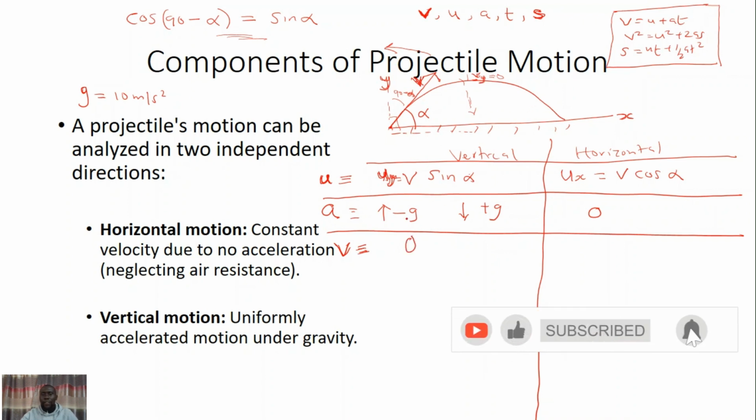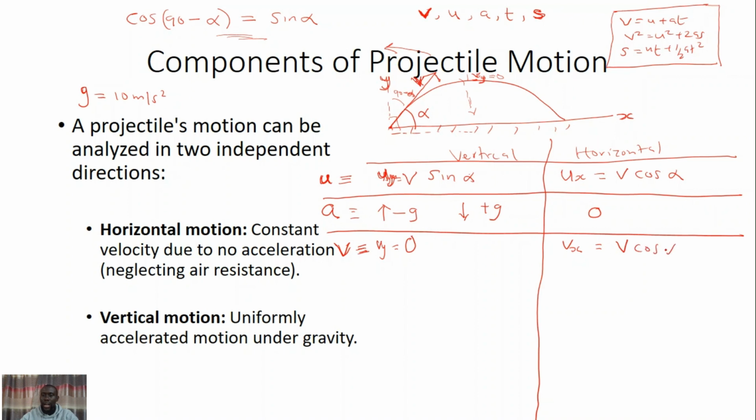For the final velocity in the horizontal axis, it's usually the same as the initial velocity because there is usually no acceleration. So Vy here is equal to 0, and Vx is the same thing as the initial velocity, which is the resolution of the velocity along the horizontal axis, which is v cos alpha.